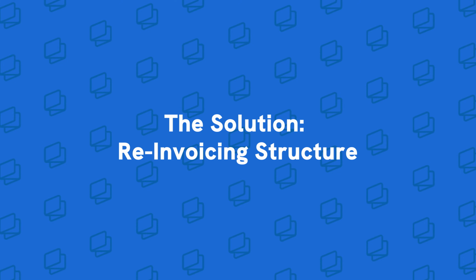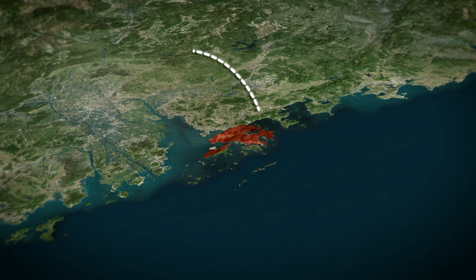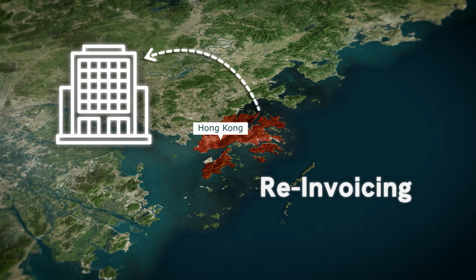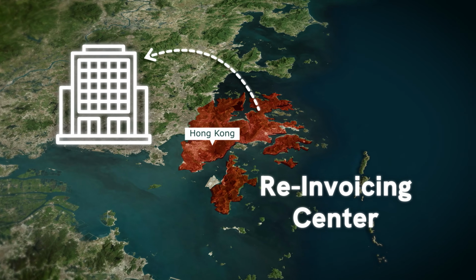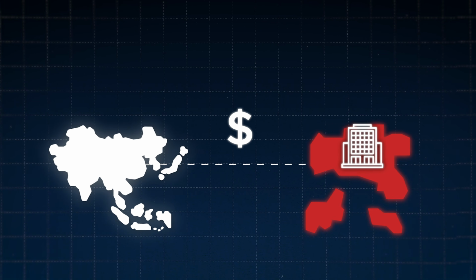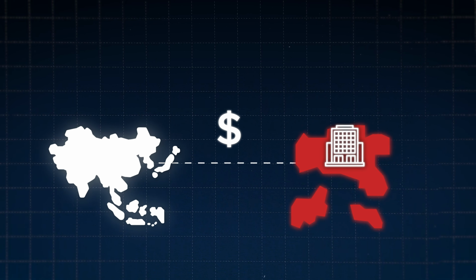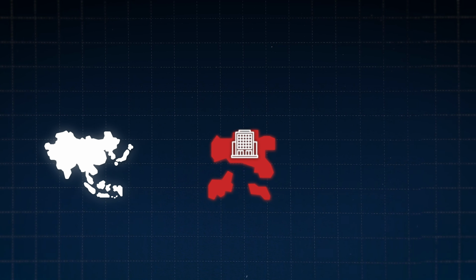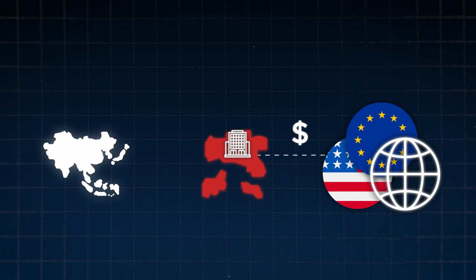The key is to create a company in Hong Kong acting as a re-invoicing center for all your international transactions. The concept is incredibly simple. Here's how it works. Your supplier in Asia sells product to your Hong Kong company. Then your Hong Kong company sells those same products to your end customers in the US, Europe, or elsewhere.